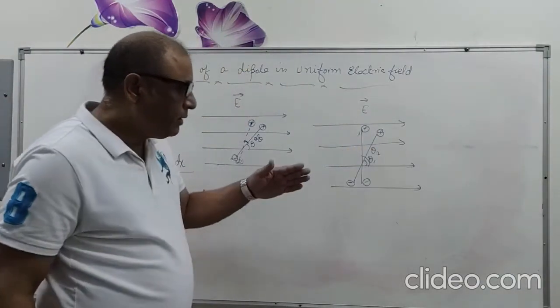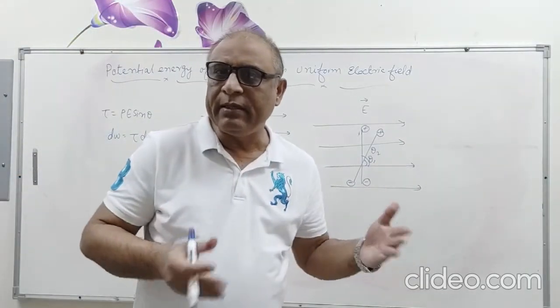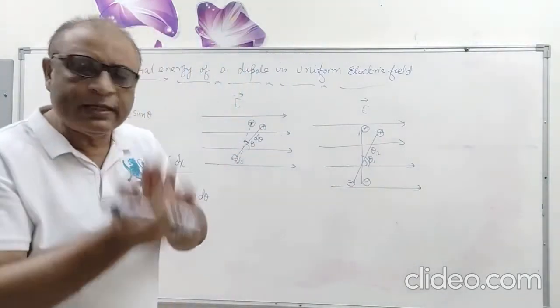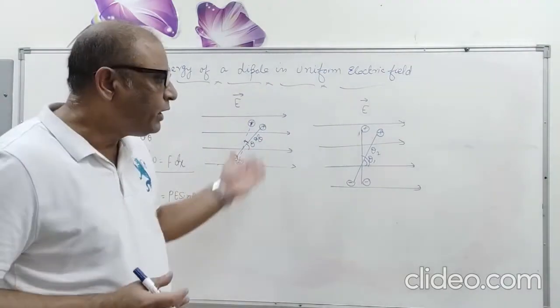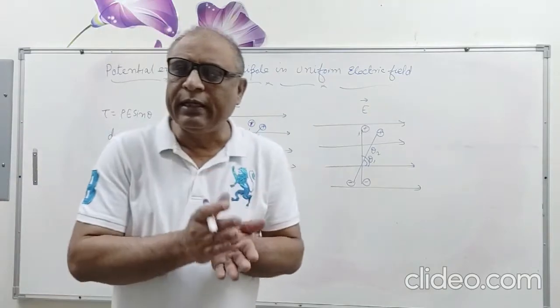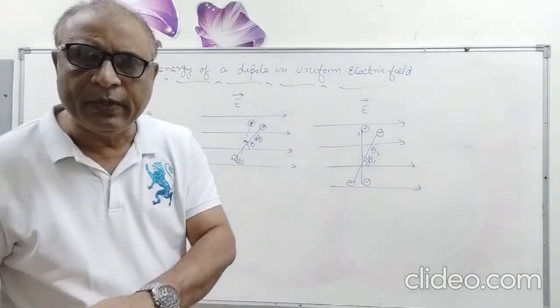It means the lower limit is theta 1 and the upper limit is theta 2. The dipole is changed from theta 1 to theta 2.